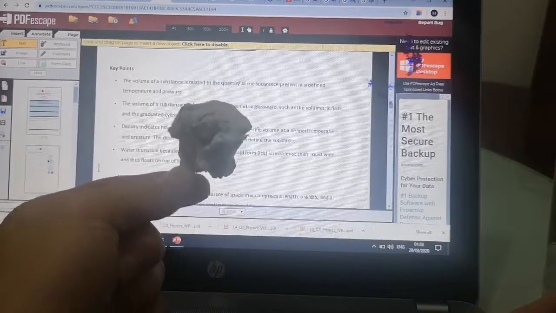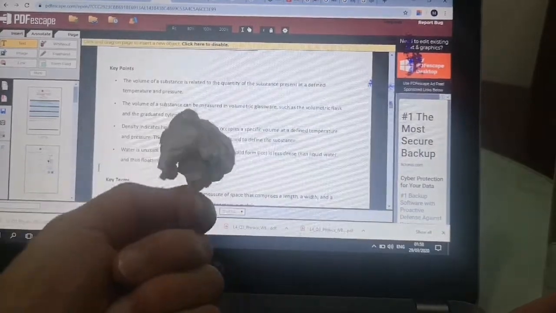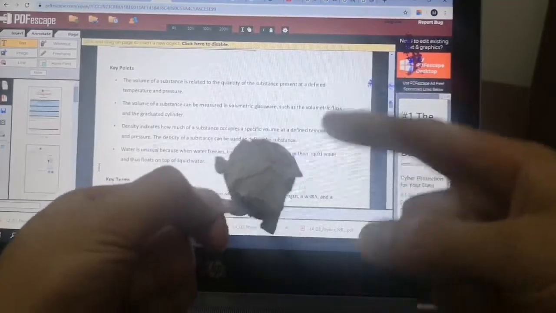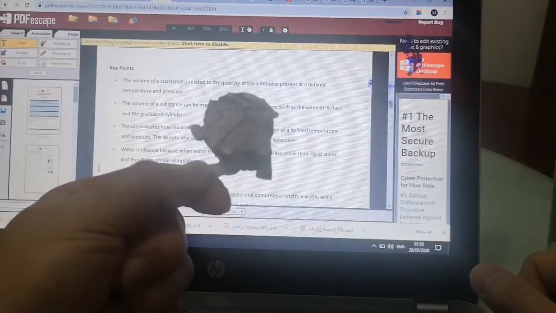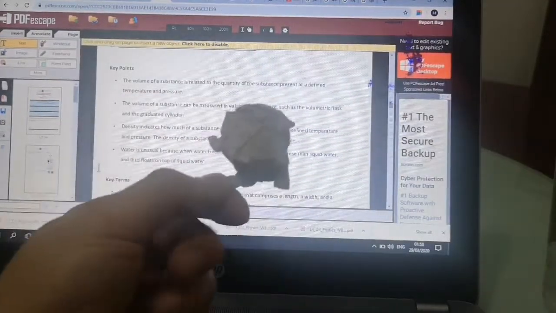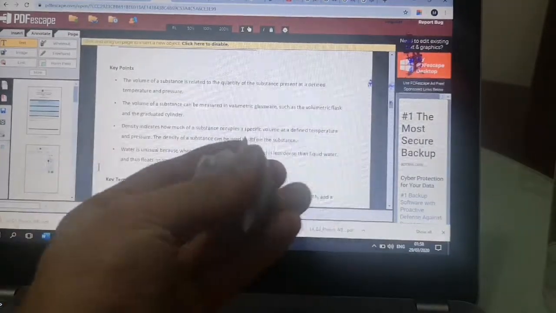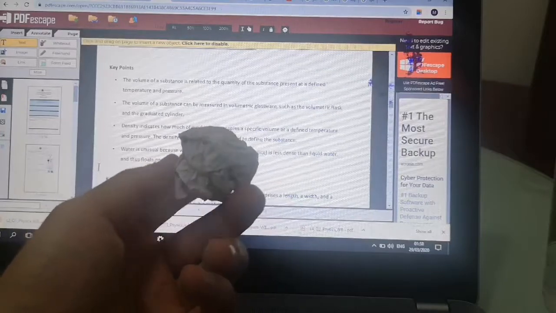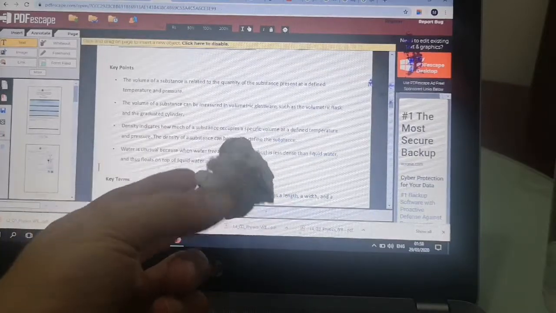Nothing, right? It's still the same piece of paper. It's still made of the same amount of atoms. So the mass is the same. But the volume changed a little bit. It doesn't take up much space now.